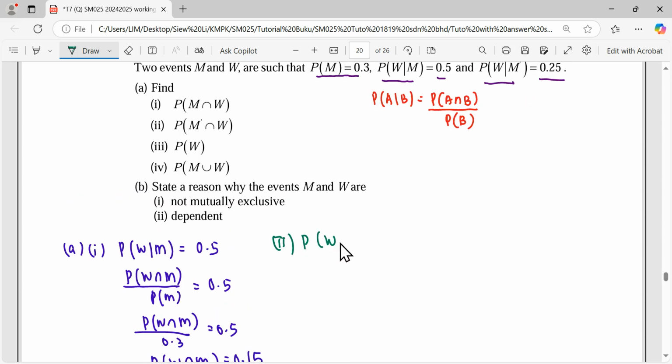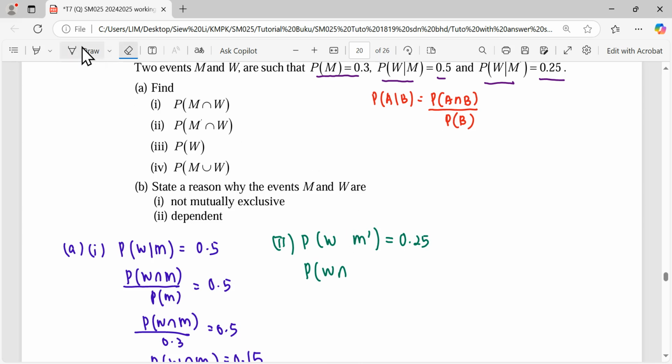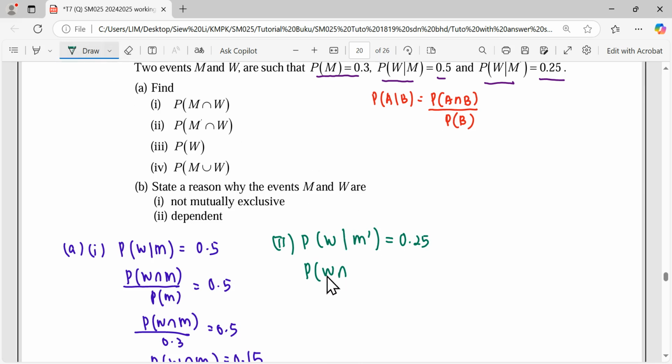The probability of W given not M is 0.25. We apply conditional probability: W given not M is the probability of W intersect not M over the probability of not M. Not M intersect W and W intersect not M are the same thing.